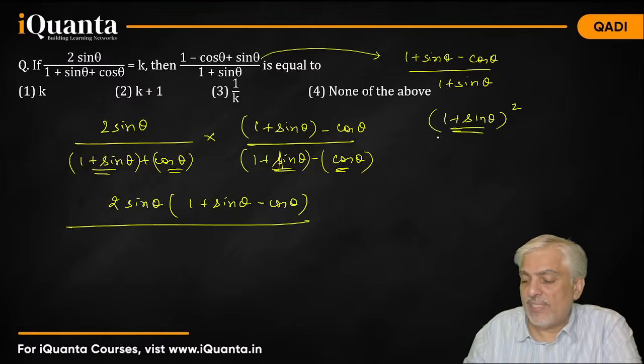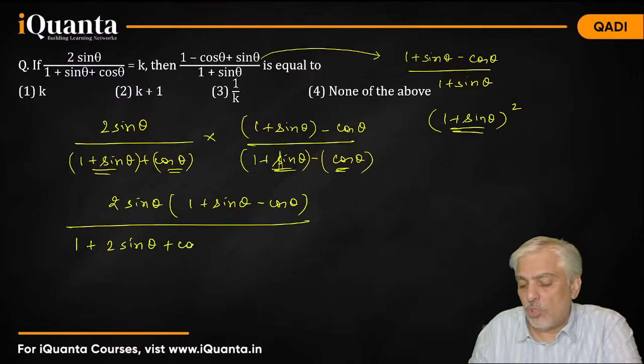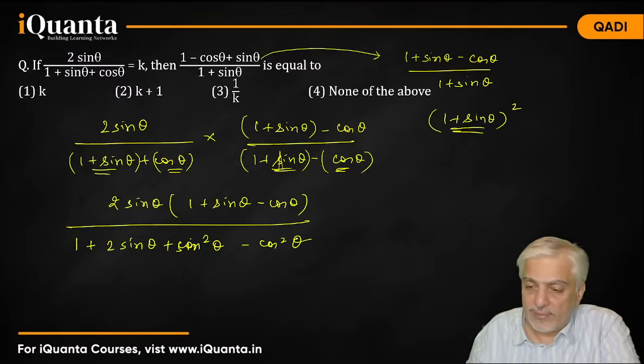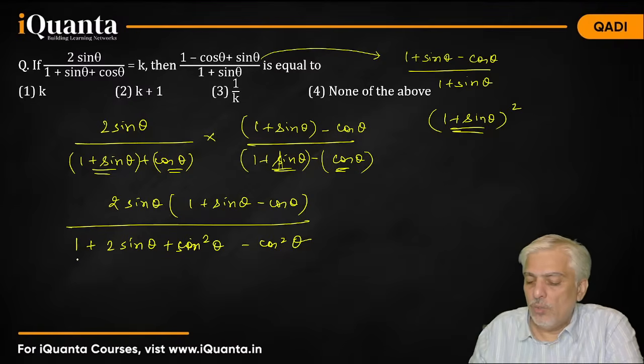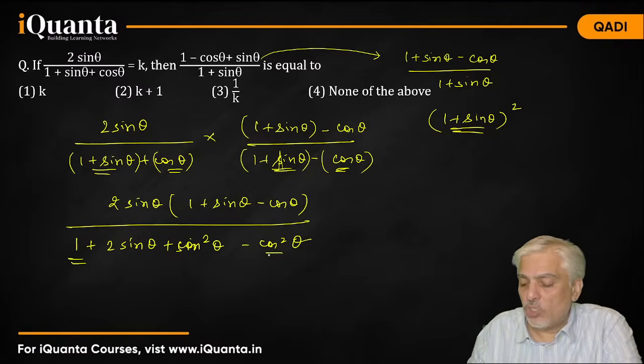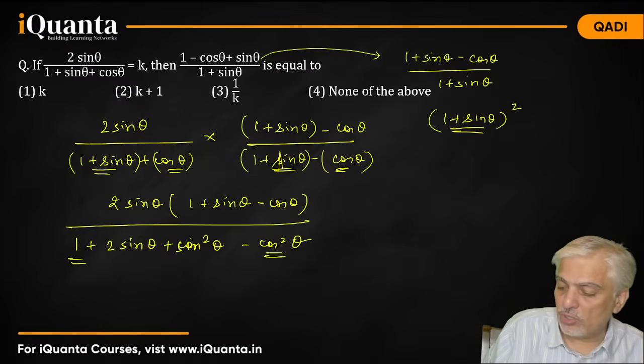What is (1 plus sine theta) the whole square? It will be 1 plus 2 sine theta plus sine square theta, and minus b square will become minus cos square theta. Okay? 1 minus cos square.